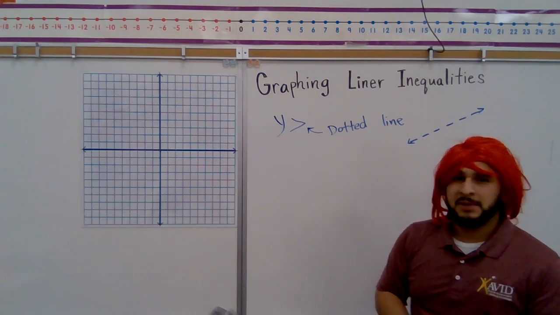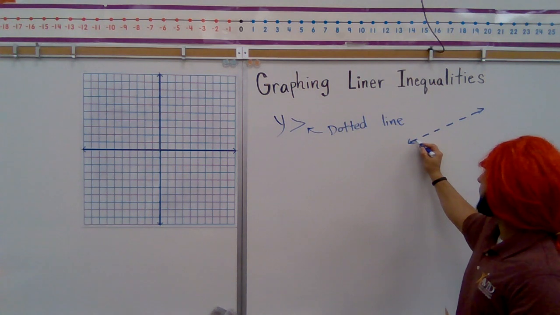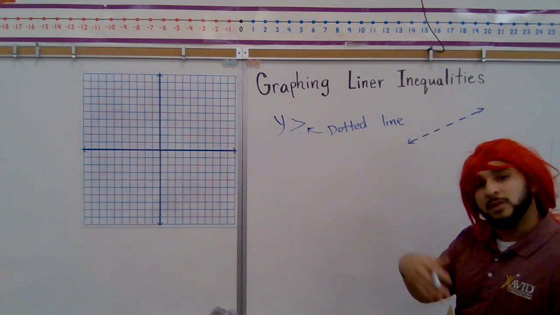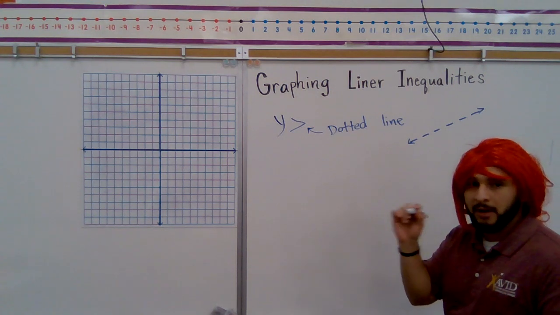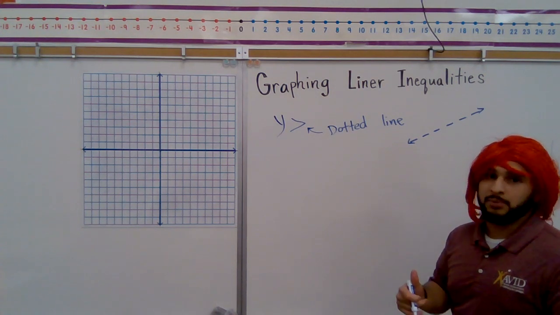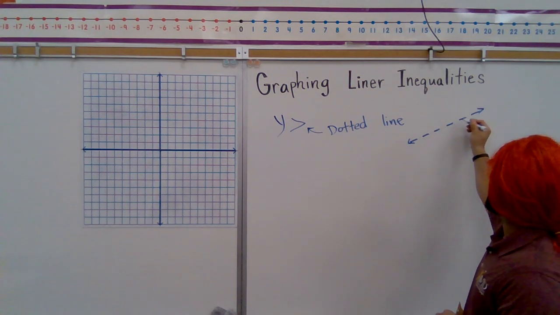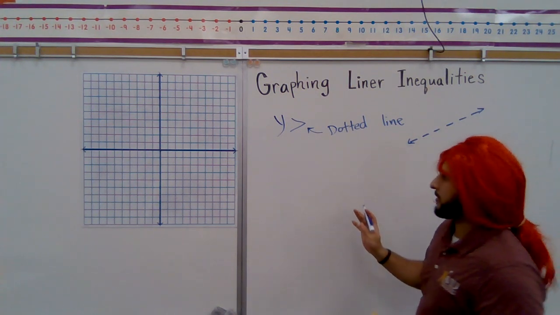If it's dotted, that means that any point on this line is not a part of your solution. If it's a solid line, that means any point on that solid line is a part of your solution. So right now, any point on this line, because it's dotted, is not a part of your solution.